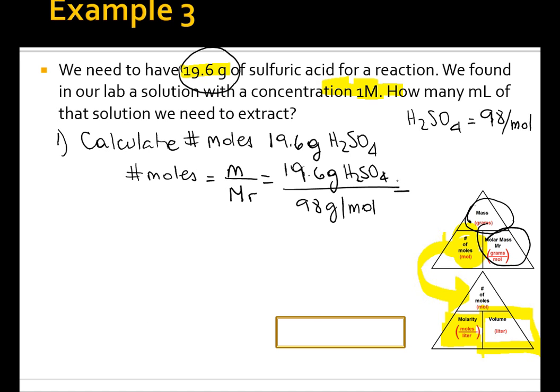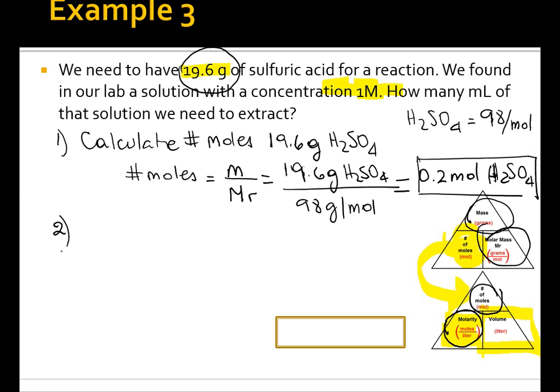This calculation gives us 0.2 moles of sulfuric acid that we need to extract from the solution. The thing is that we have a solution 1 molar and we need to extract 0.2 moles of sulfuric acid.